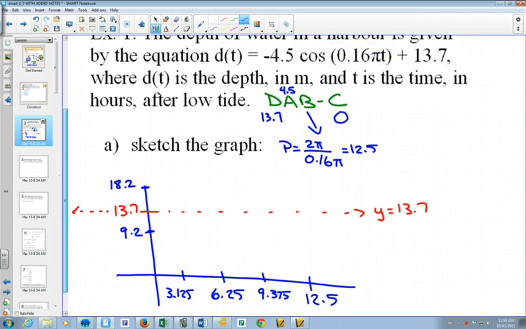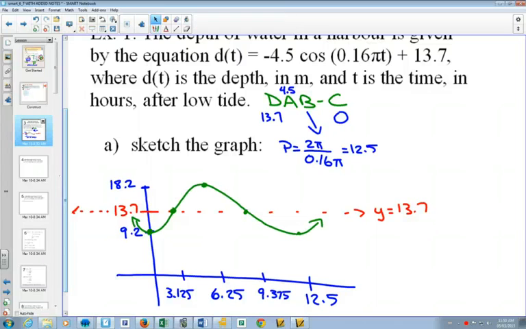The equation was a negative cos graph. Cos normally starts at a maximum, but because it's a negative cos, it's going to start at the minimum. Then we've got our 4 points: back to the center, to the maximum, back to the center, down to the minimum. And there we have our sketch of our graph.